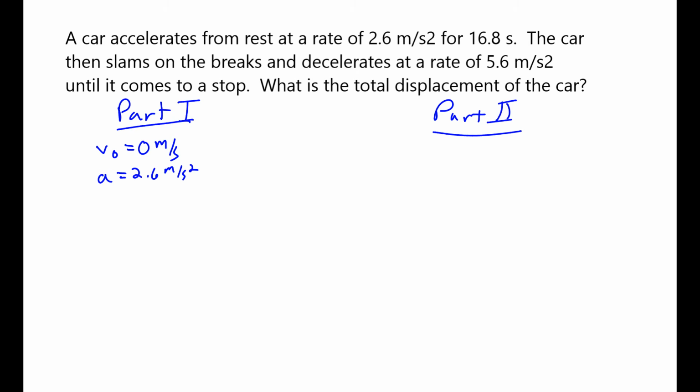And what else do we know about part 1? 16.8 seconds is our time. And we're probably going to want to find our distance for part 1. So delta x1 is question mark. Alright, so what equation has those 4 variables in it?